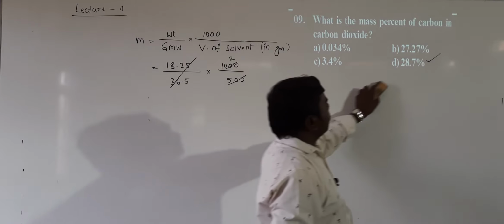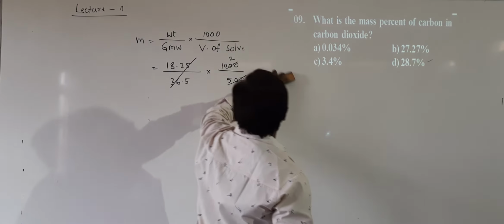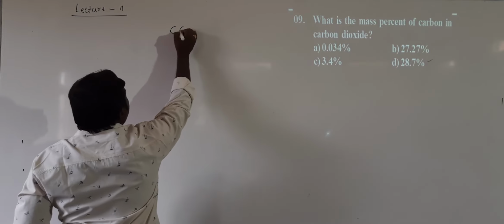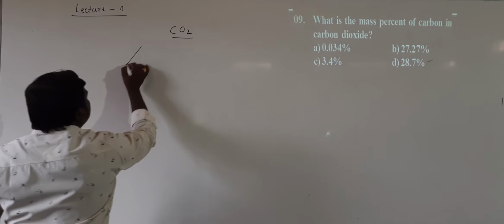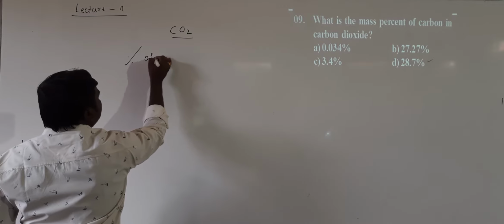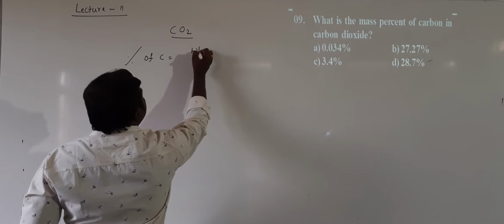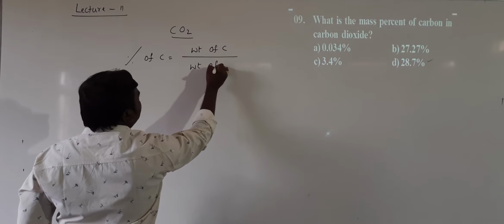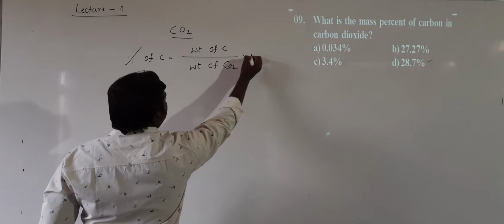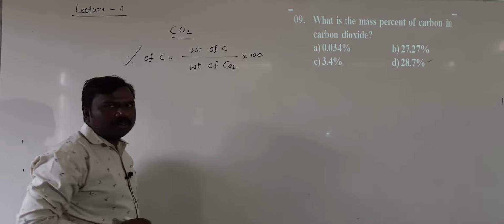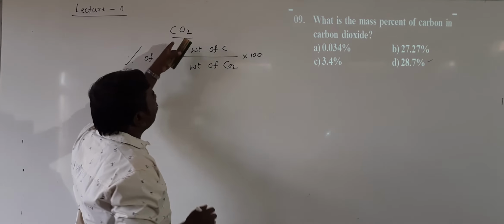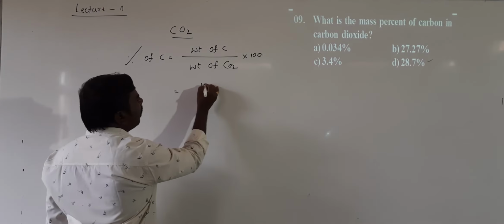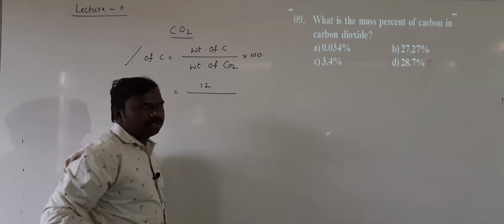What is the mass percentage of carbon in carbon dioxide? Mass percentage of carbon equals weight of carbon by weight of carbon dioxide into 100. It is the formula. In CO2, 1 carbon is there, carbon mass equals 12 grams.